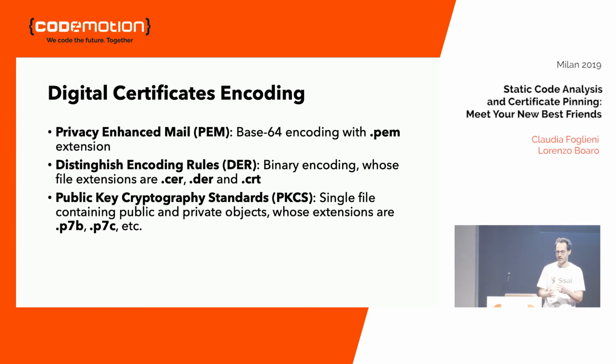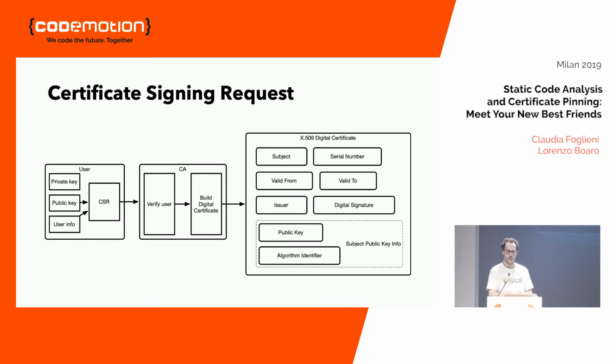This is another binary encoding. Those encodings can have different extensions. So you can save a certificate in your file system, and this certificate can have a different extension. For example, with Distinguished Encoding Rules, you can have a CER extension, a DER extension, or a CRT extension.